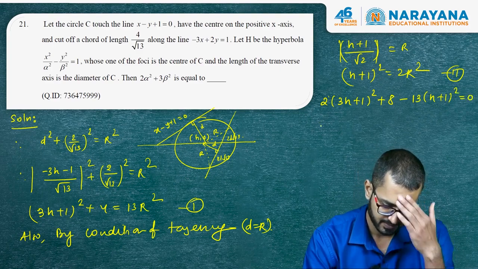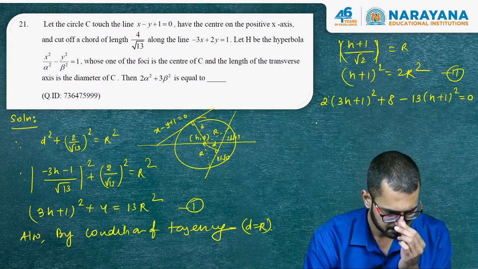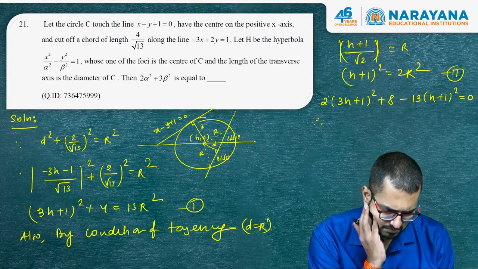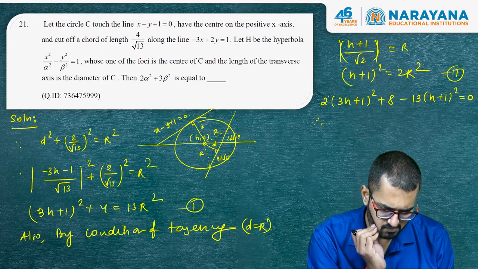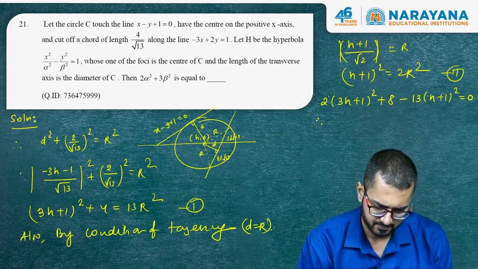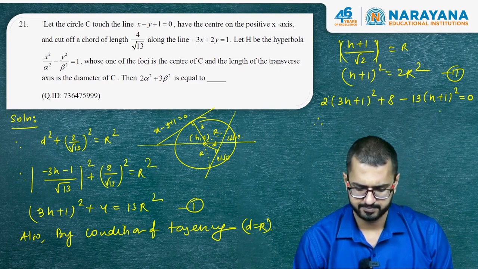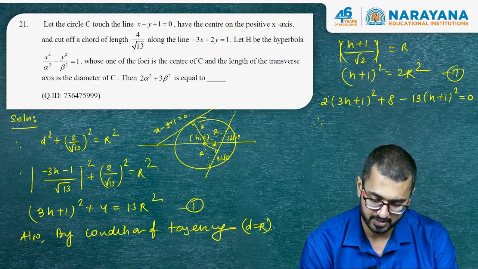Continuing further, so this will give me 2 times (3h + 1)². Just open this.